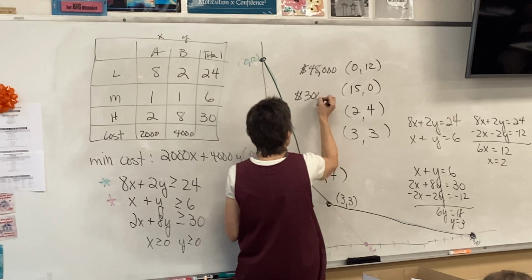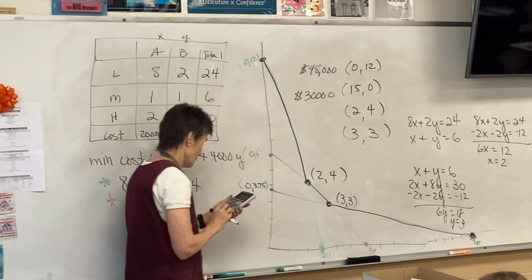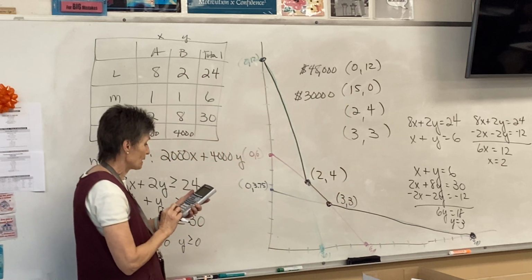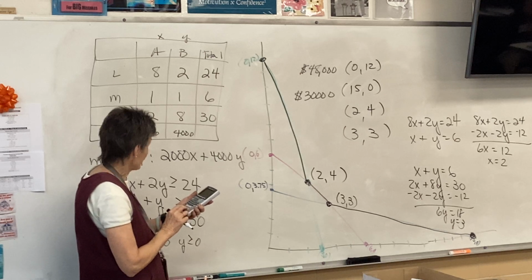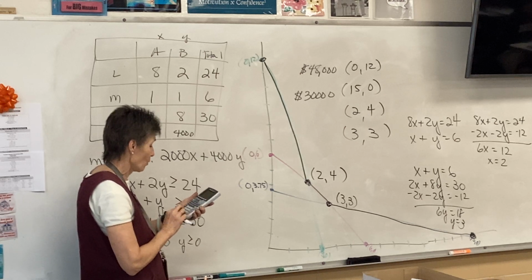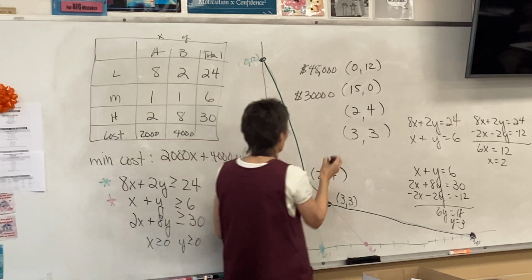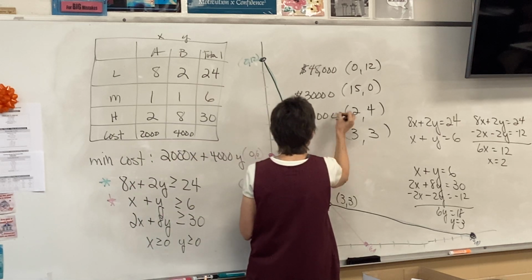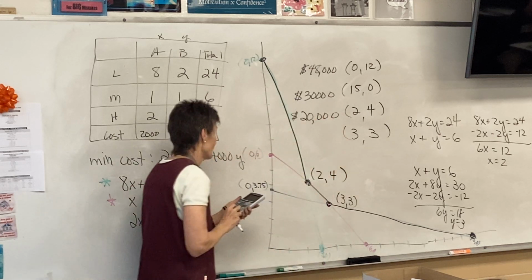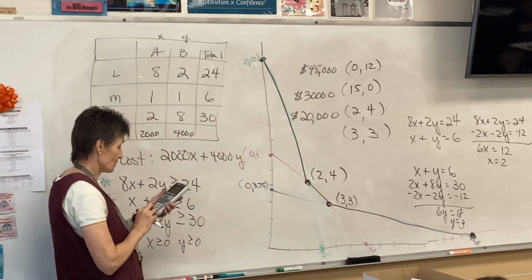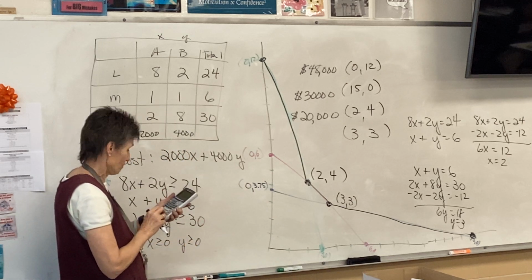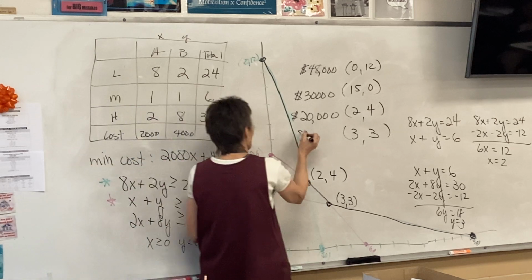So far that's the winner. 2 times 2,000 is 6,000 plus 4 times 4,000 is 20,000. Oh, yeah, that's the one right there. And then 2,000 times 3 plus 4,000 times 3, that one's 18,000.